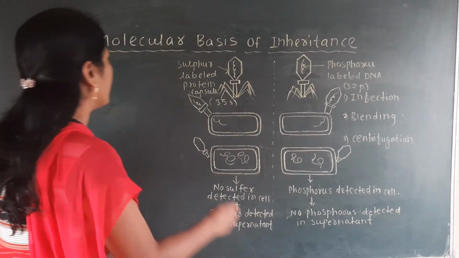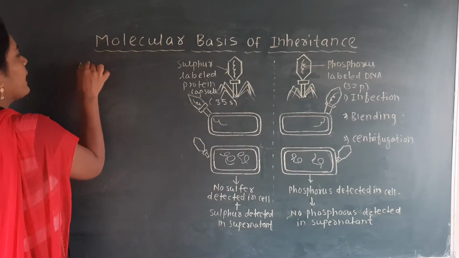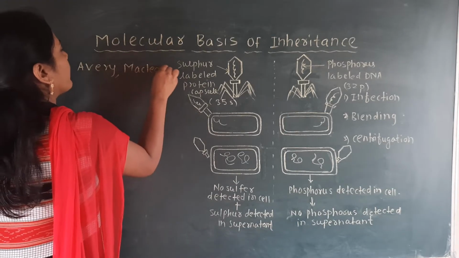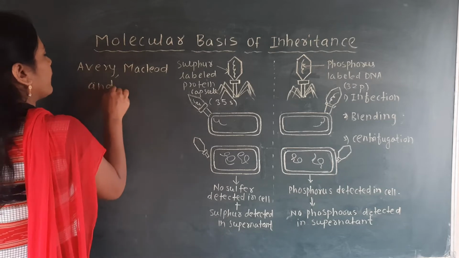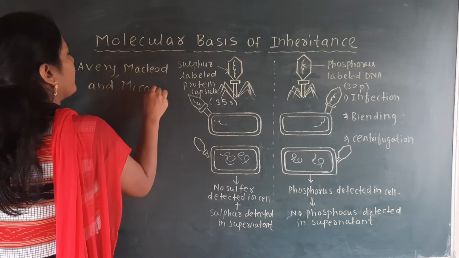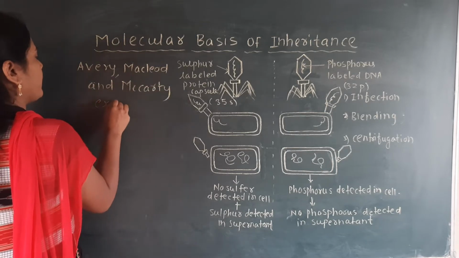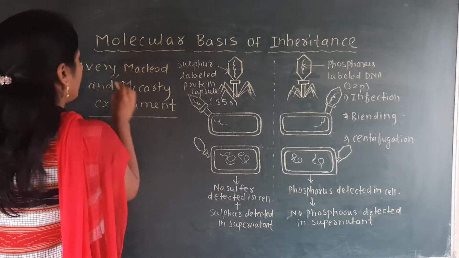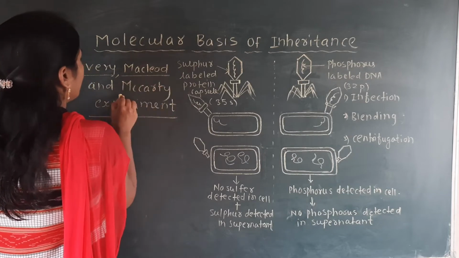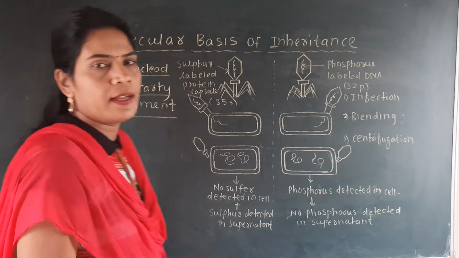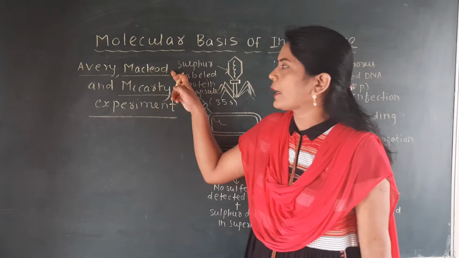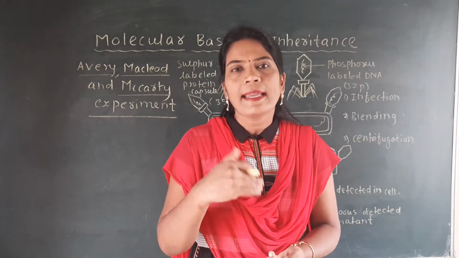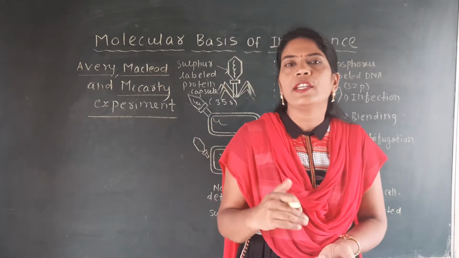So the second experiment we are going to discuss here is the Avery, MacLeod and McCarthy experiment. These are the three scientists who carried out the experiment in 1944.